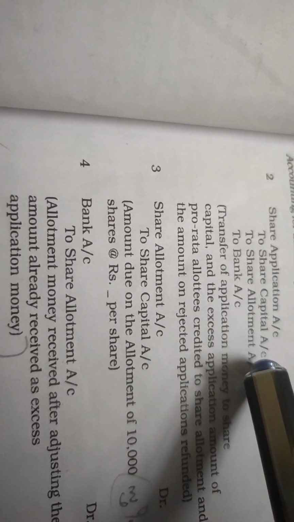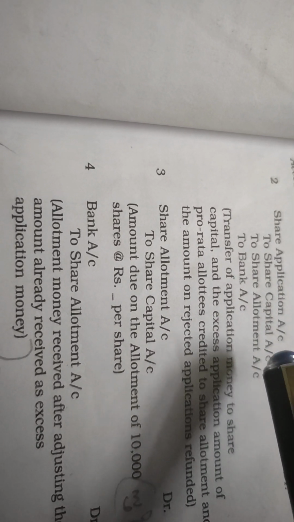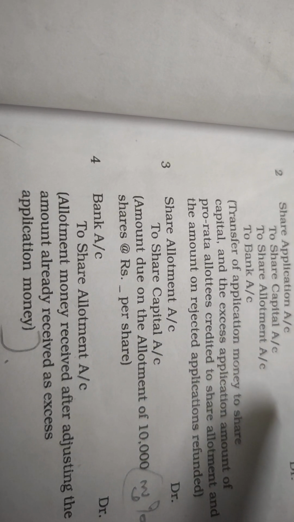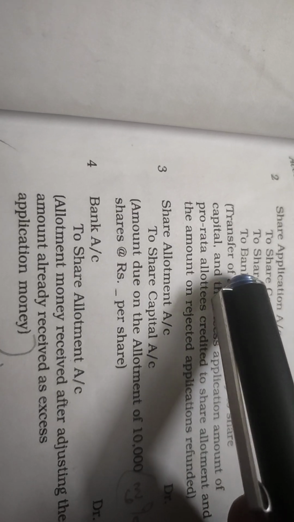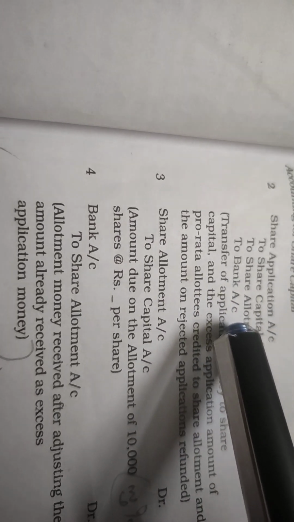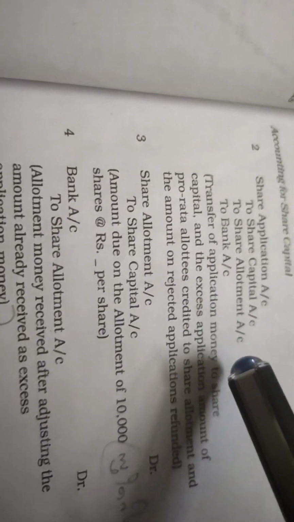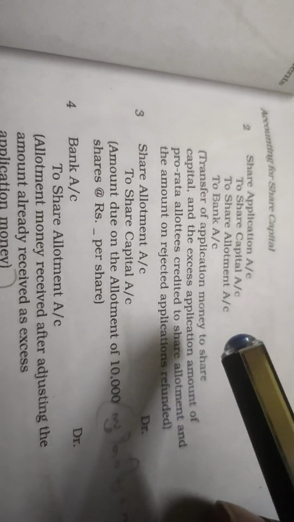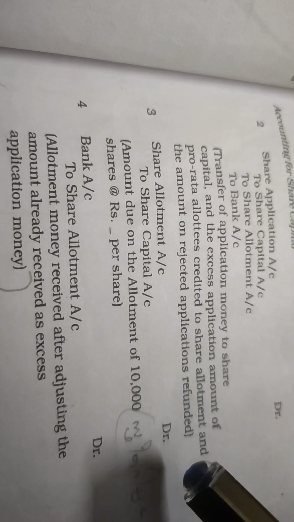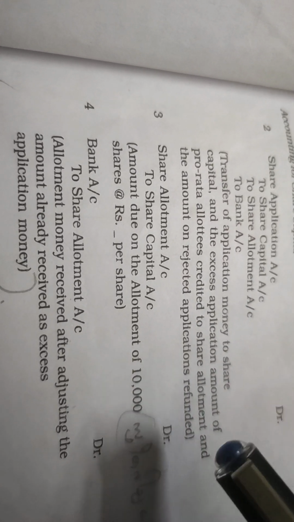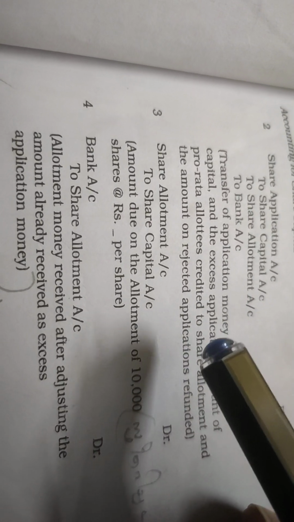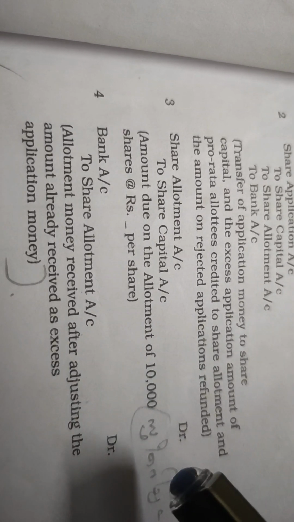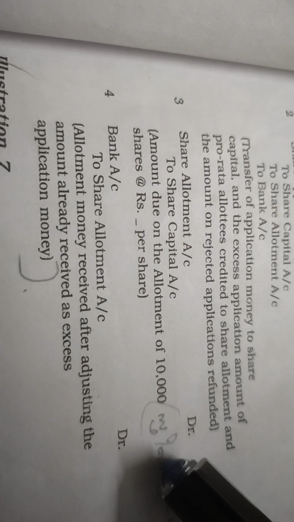Here the share allotment account relates to the transfer of the excess money to the allotment account, and the bank account relates to the refund of the application money. These are the entries for the transfer of application money to share capital, the excess application amount on pro rata allotment credited to share allotment, and the amount on rejected applications refunded.